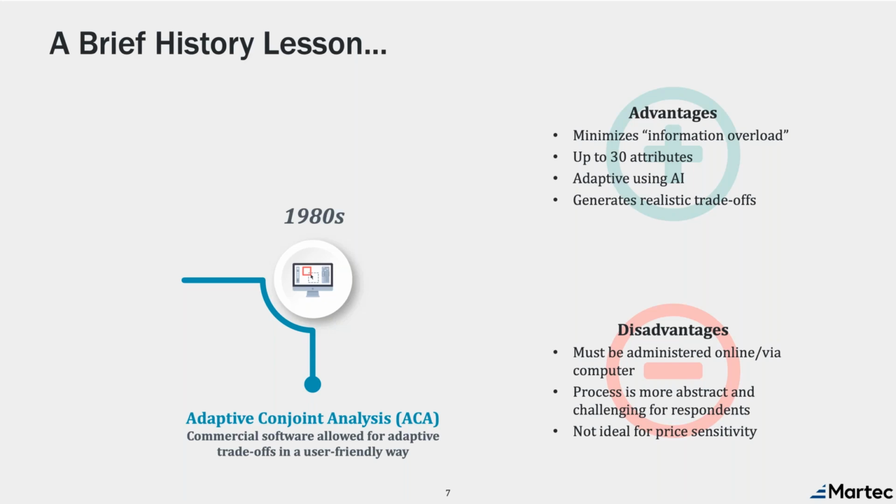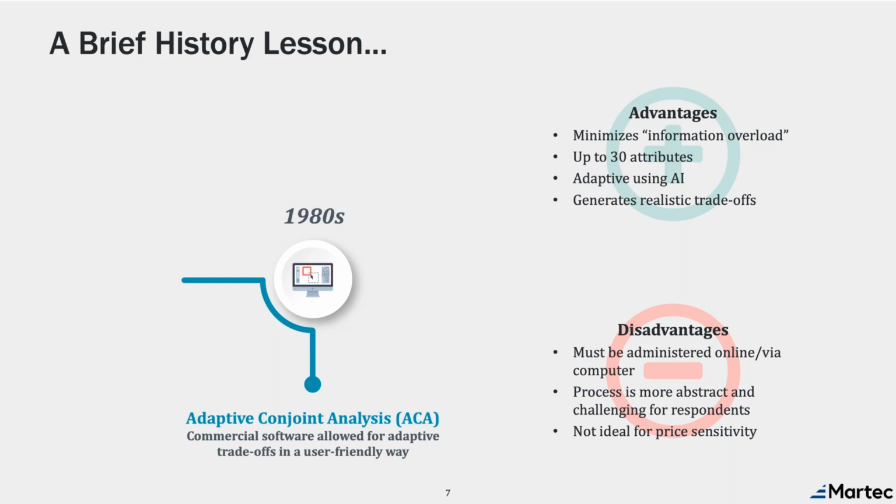It does adapt using AI, so how the respondent answers each question will impact what they see for the following questions. So each of us would see a different series of questions or product combinations throughout the process. And it generates realistic trade-offs, so you wouldn't have ridiculous types of product combinations using ACA.